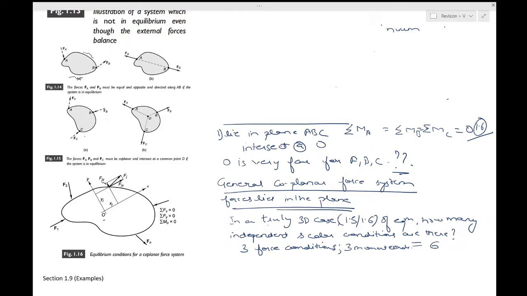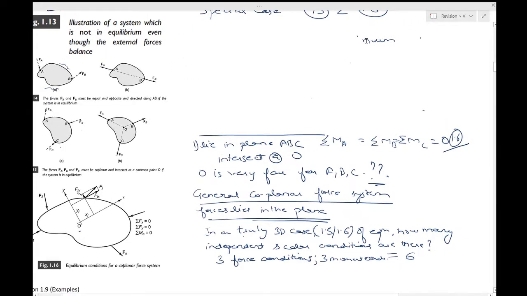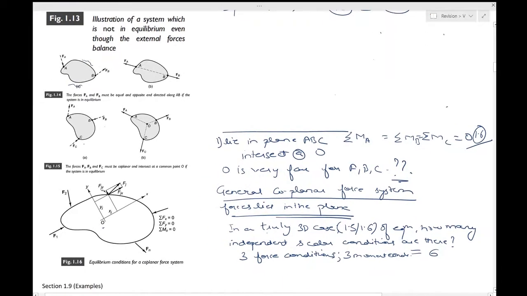So for a planar system, you have only 3 conditions.